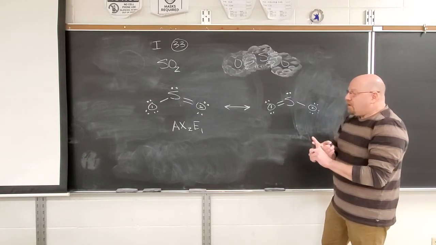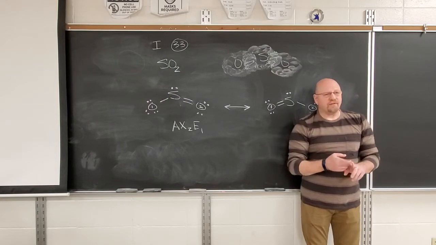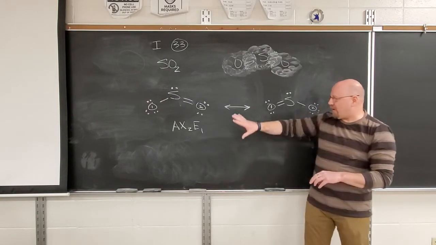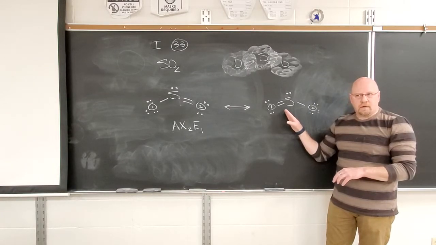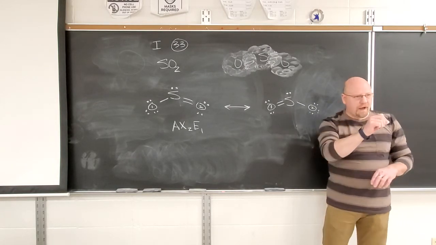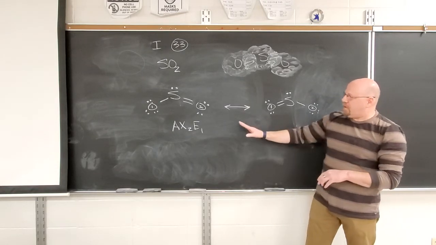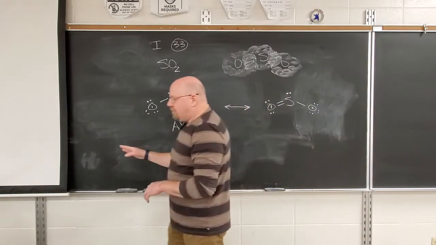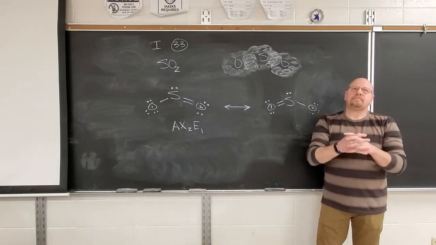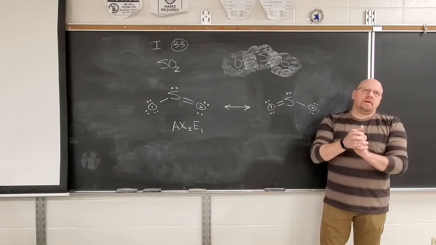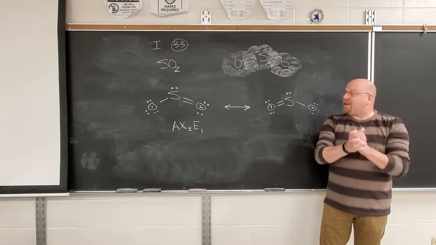I also want you to go through and identify those compounds. There's not a lot that are like sulfur dioxide. And I want you to go through and draw the resonance like this. I'm going to limit it to this.